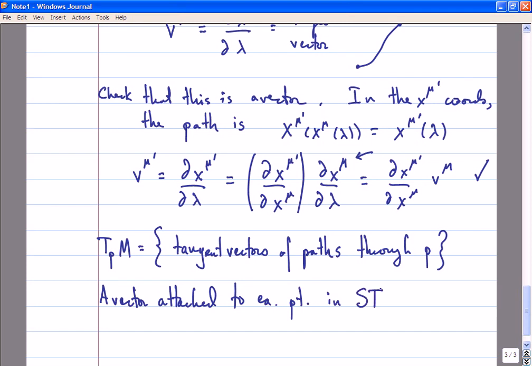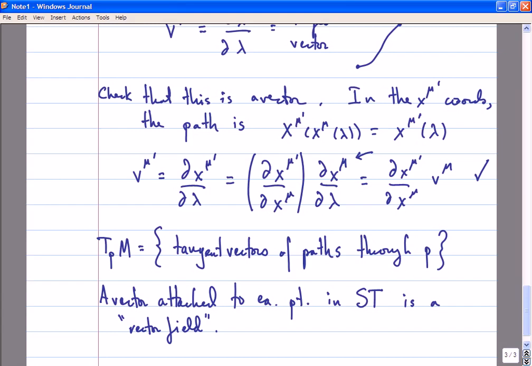Sometimes we have a special name for a vector attached to each point in space-time. We call that a vector field, to distinguish it from the idea of a vector attached just to each point on a line or just attached to a particular point in space-time. Although in general we'll be a little sloppy and we'll just call all of these things vectors.